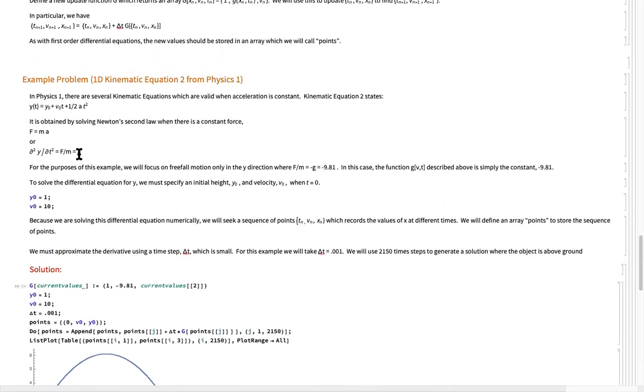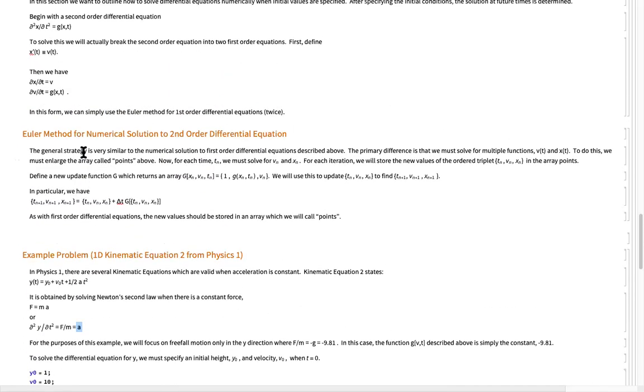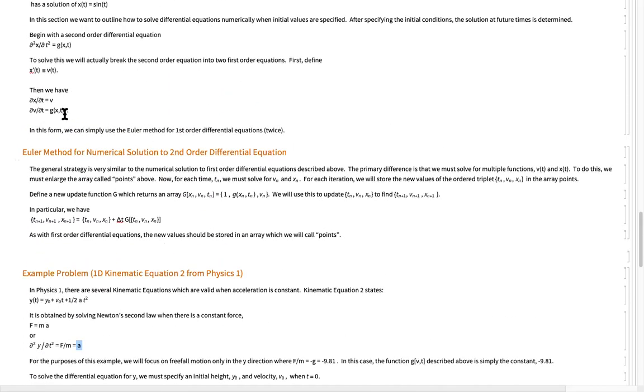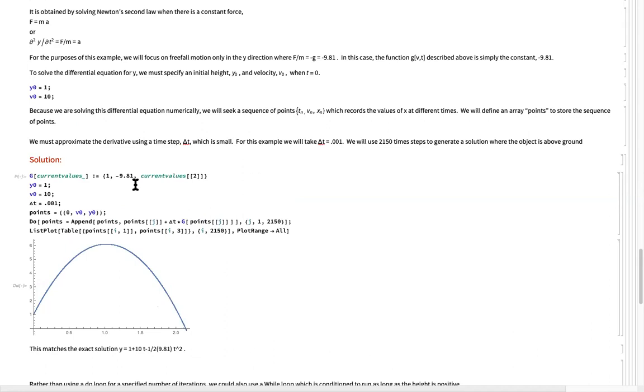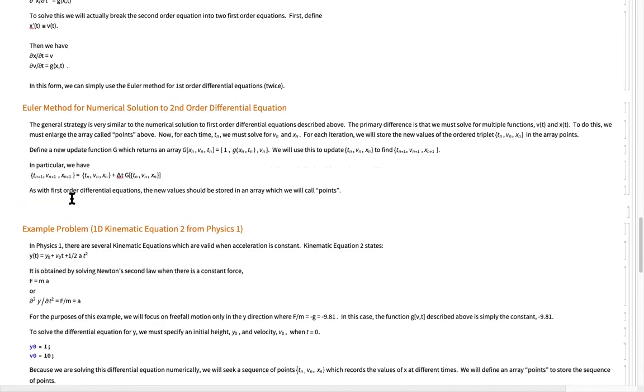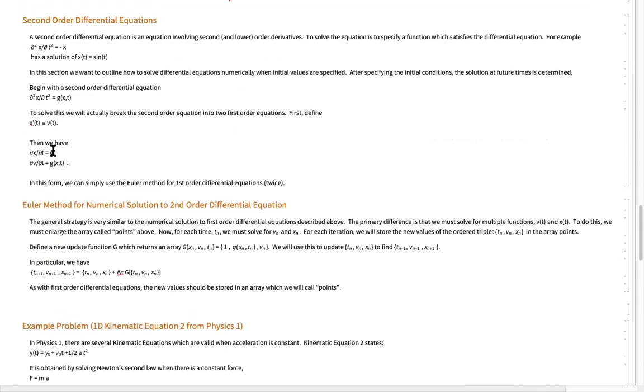That should be the right-hand side of the differential equation, which is what we call little g up here above. So that's just going to be the negative 9.81 number. And then to update position, we use the current value of velocity to determine the new value of position. Going back to up here, we're using the current value of velocity to determine the new value of position.